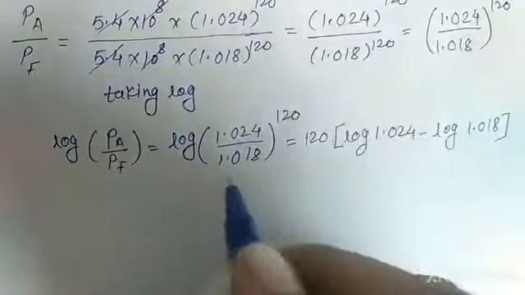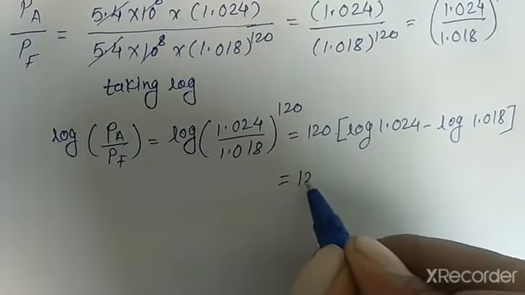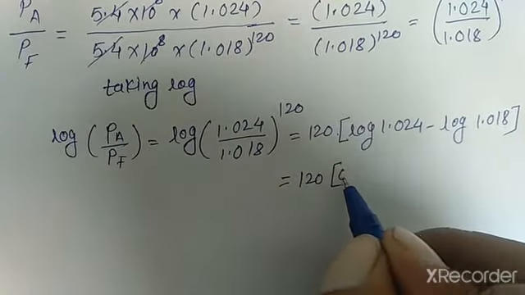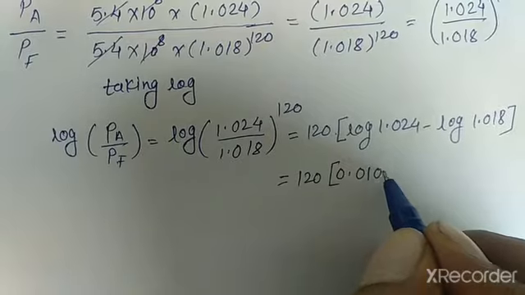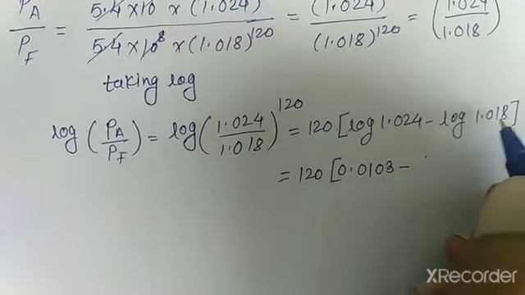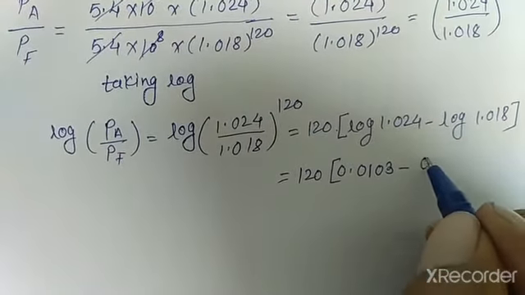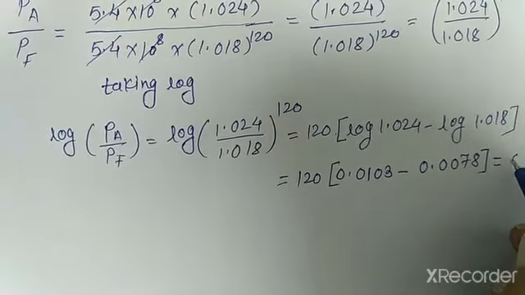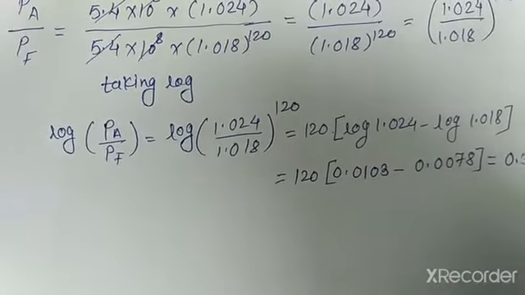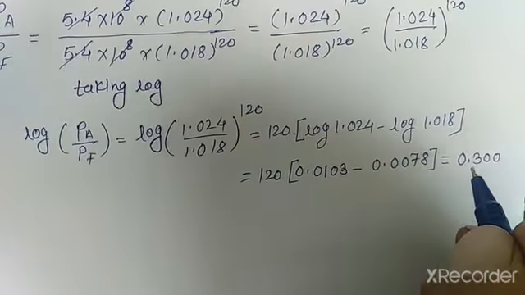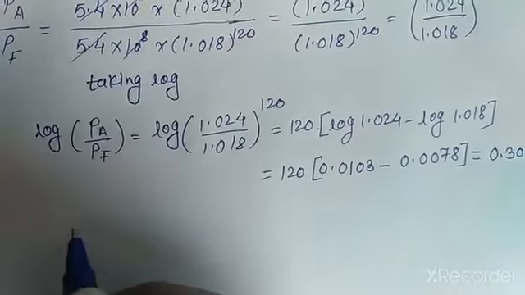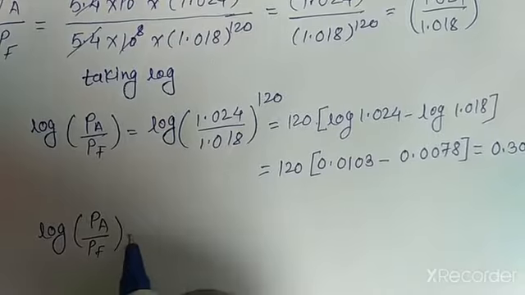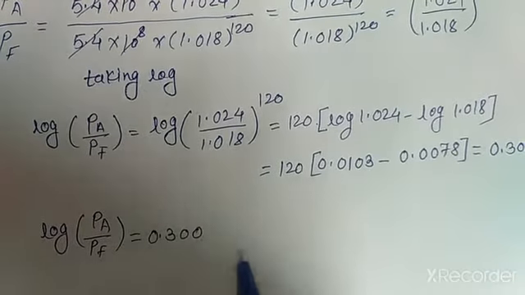Its calculation will be 120 times log of 1.024, which is 0.0103, minus the logarithm of 1.018, which is 0.0078, which gives us 0.300. So the total calculation is: log of PA upon PF is equal to 0.300.